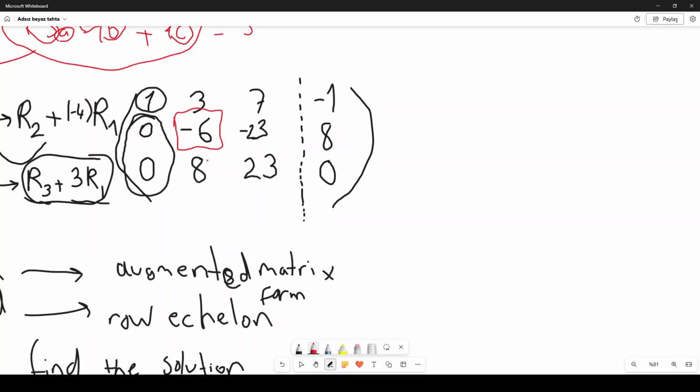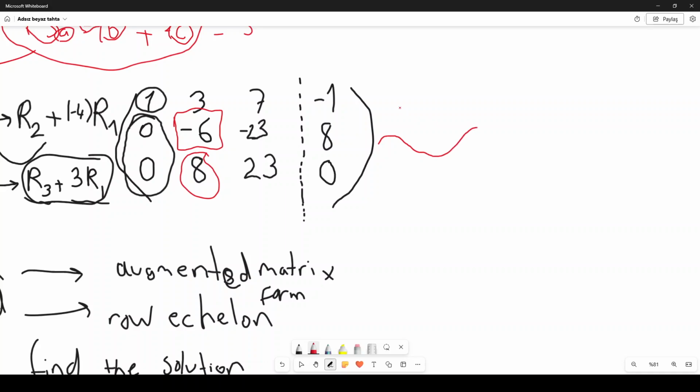And what should I do? To guarantee that the third row has more zeros than the second row, I need to turn this value into 0, right? This is what I should do. Okay, how can I do that?